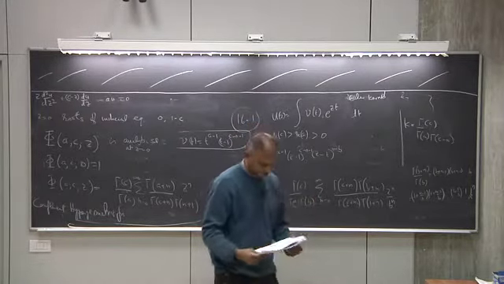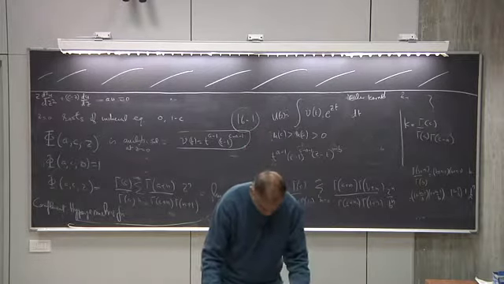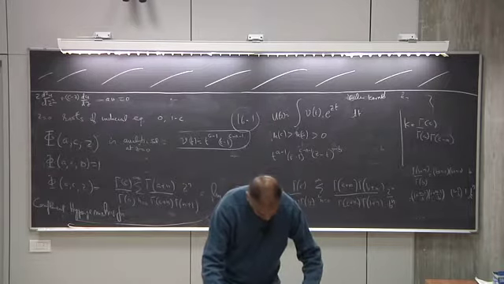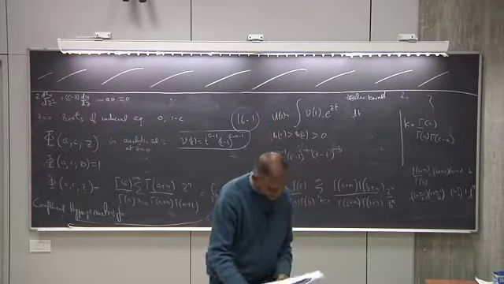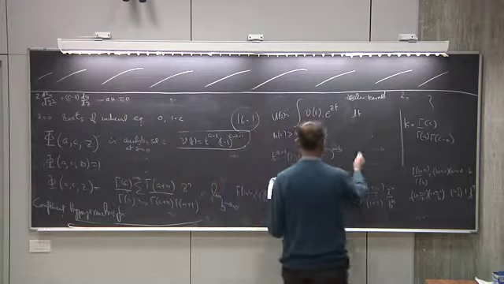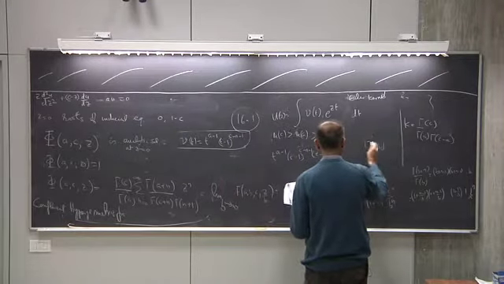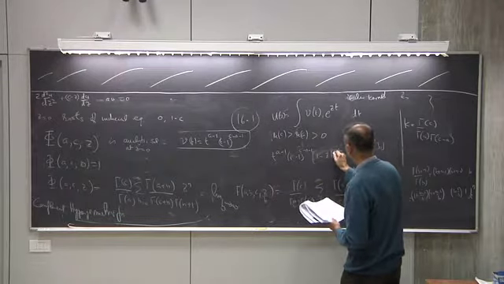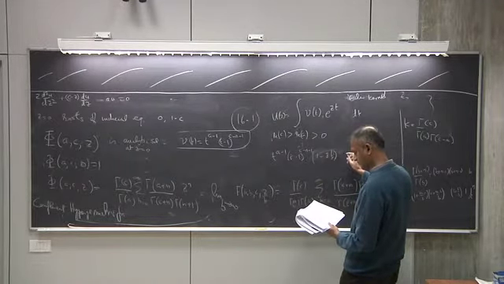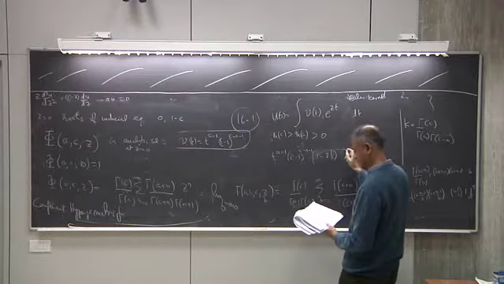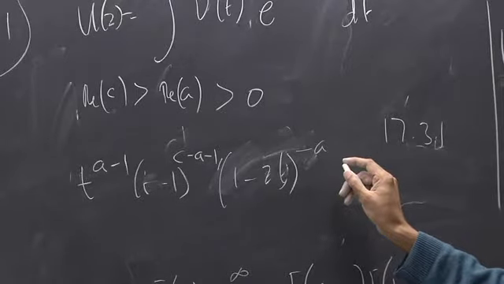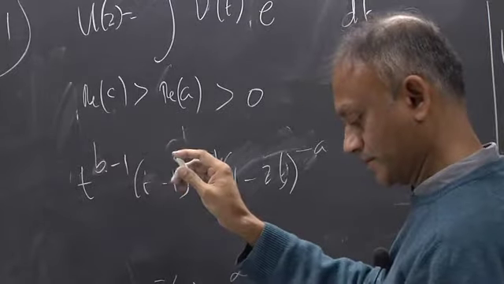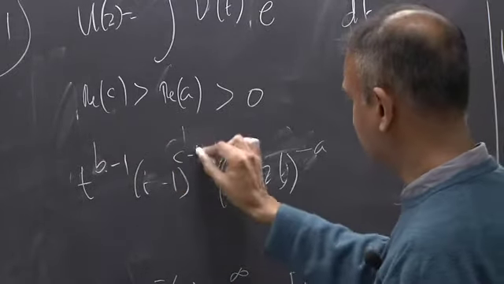I mean, there was this expression which we had obtained, here it is, 17.31, right? It was originally written as 1 minus zt to the power of minus a, t to the b minus 1, and 1 minus t to the c minus b minus 1, correct.